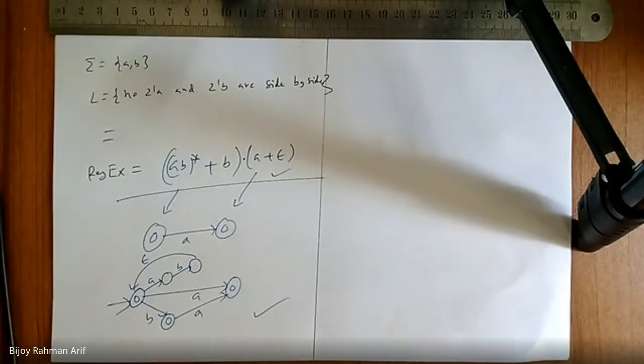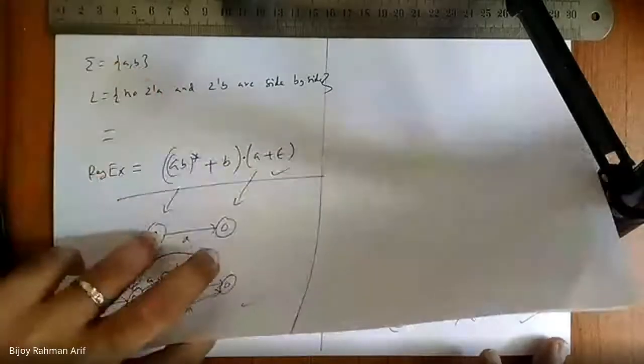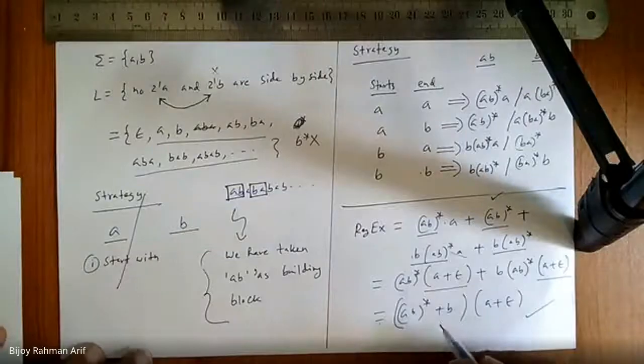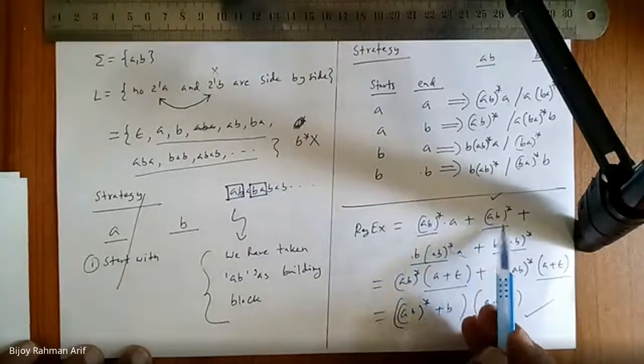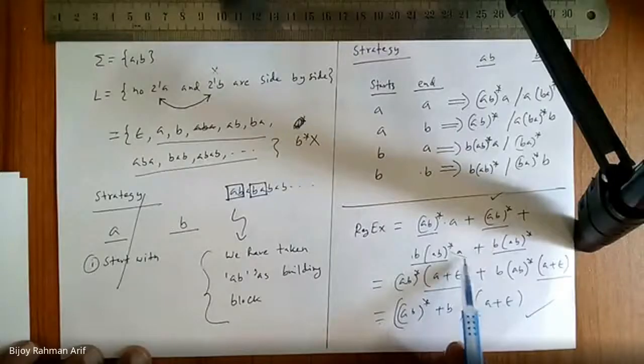Is it correct? Any mistake I made? আমি তো বলছি, I made a mistake. Let's go back here. See, A B star A B star, B A B star B A B star.